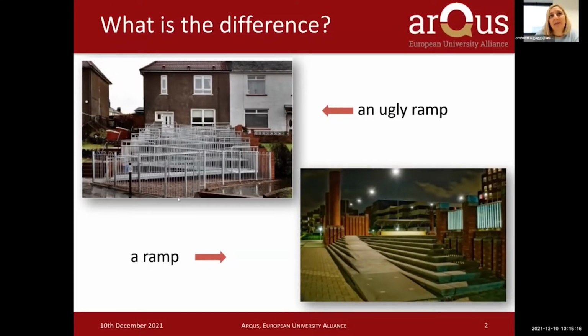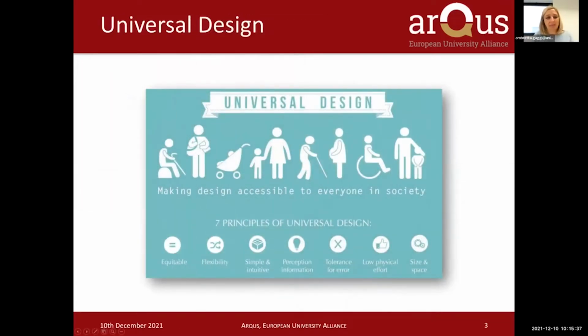I will use an example from buildings and other architectural issues, because when we think about accessibility, if I ask you to close your eyes and think about it, probably what you think about is people in wheelchairs, because this is what usually happens. While accessibility involves very different kinds of users, and we will see what kinds of users.